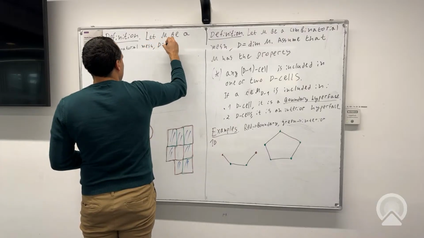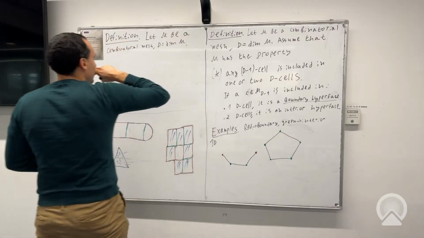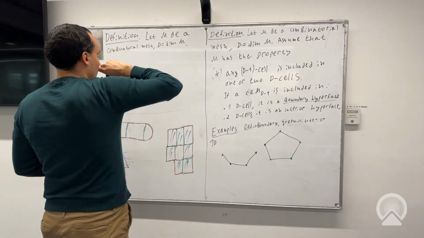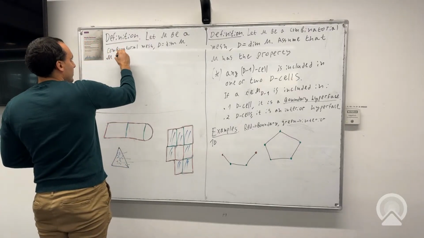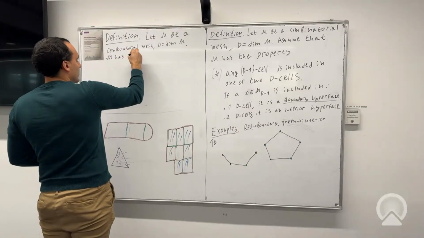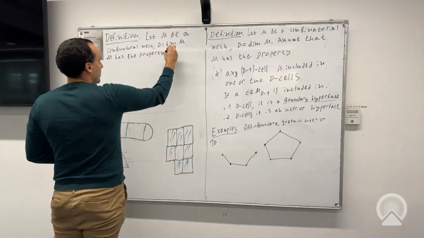This is the dimension of M. And M has the property star.